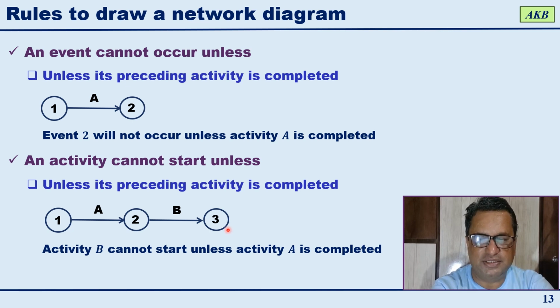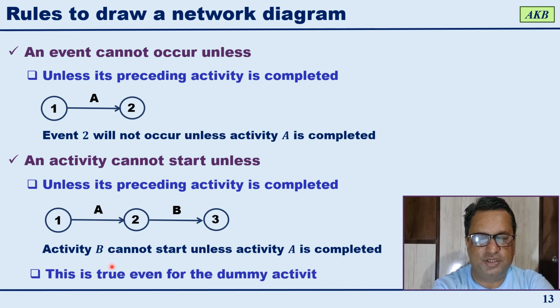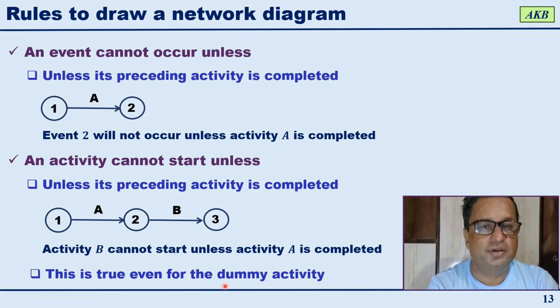So in this case, activity B can occur only when activity A is completed. Activity B cannot start unless activity A is completed. This rule is true even for the dummy activity.